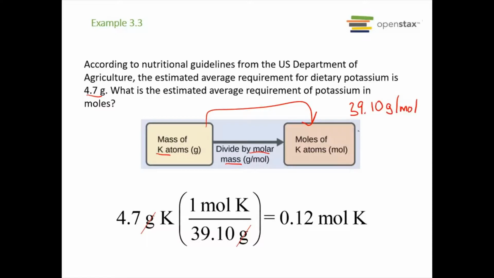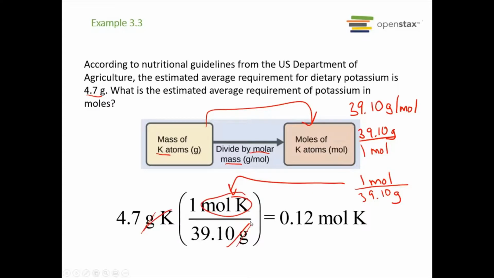So we could write that as 39.10 grams per 1 mole, but that's not how we need this to cancel out grams. So we can also write this, if we use it as a conversion factor, as 1 mole for every 39.10 grams. That's what we need, so that we end with moles and cancel out grams. And we get 0.12 moles of potassium.